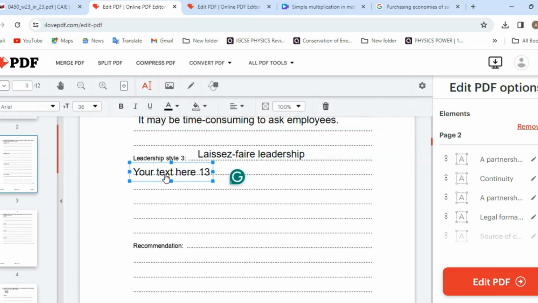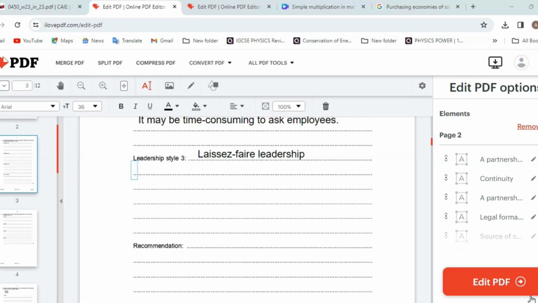Here the manager puts the decision fully with the employee. The manager has little involvement in the decision being made in this style. Let's say the main objective of the business may be shared with the employees, using laissez-faire leadership style, where the manager has little involvement in the decisions being made.